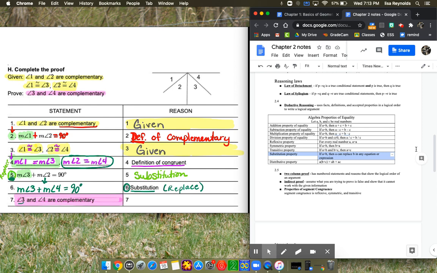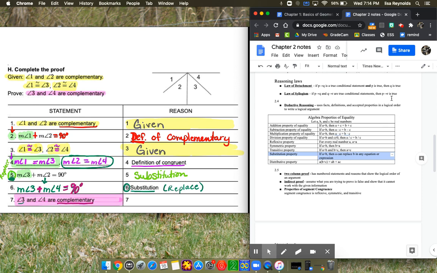So according to the fill in the blank, we're ready to wrap up this problem. And notice what we've done. We now have this word complementary again, and it is preceded by an addition problem equal to 90 degrees.